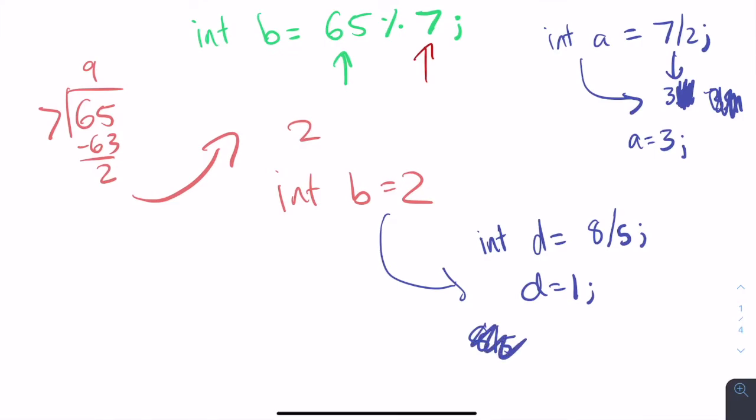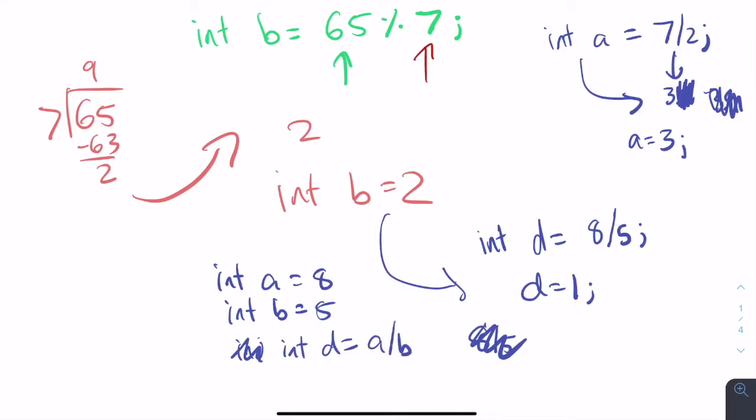Let's say we have a variable int a is equal to 8, and b is equal to 5, right? And then int d is equal to a divided by b, right? Let's say that. You don't necessarily know a and b's values because they could have been changed. So that's why you can use mod.